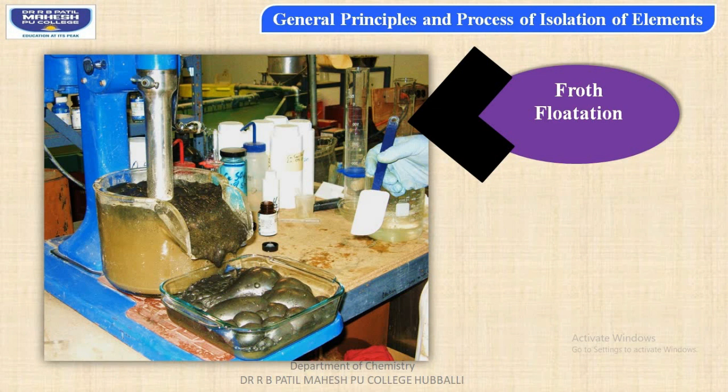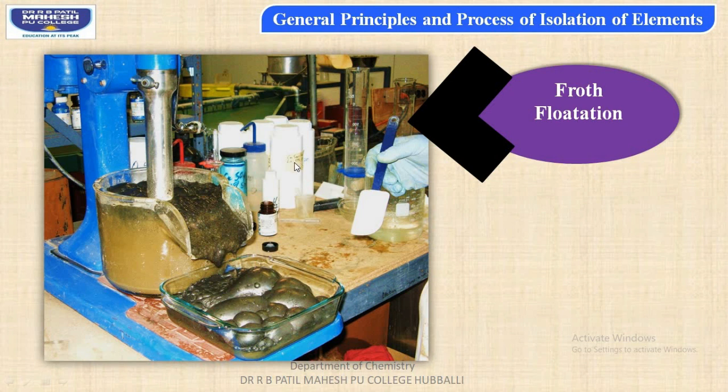Now let us consider some of the diagrams which represent froth flotation process. In the first diagram, students, which you can observe here, froth is getting formed which is collected in a receiver. As it is lighter in weight, all the impurities are settling at the bottom of this given container, whereas the froth, which is preferentially wetted by means of the oil, is collected at the top and falls down in a receiver which can be dried to get the respective ore particles.